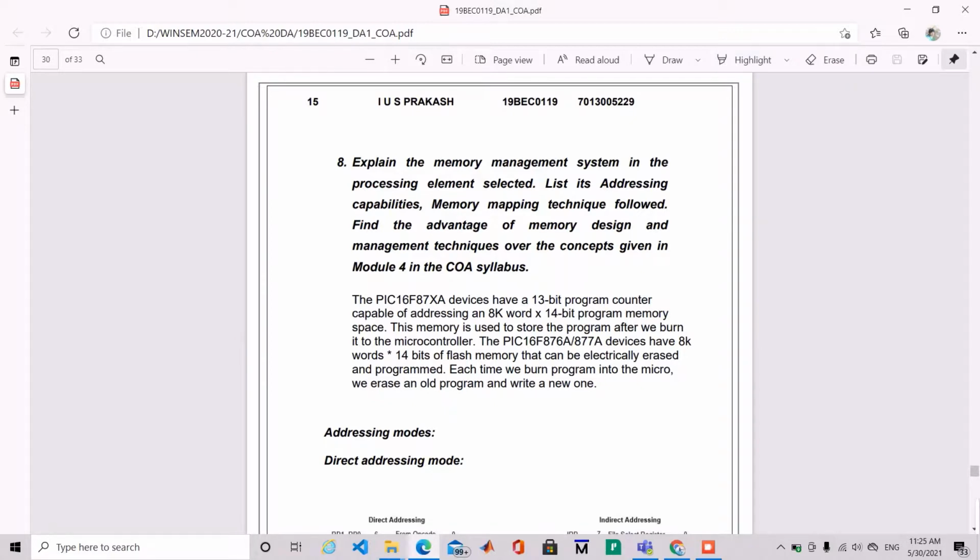This memory is used to store the program after we burn it to the microcontroller. The PIC16F877 has 8K words by 14 bits of flash memory that can be electrically erased and reprogrammed. Each time we burn a program to the microcontroller, we erase the old program and write a new one.